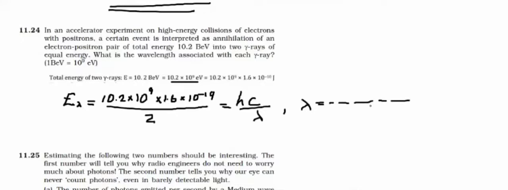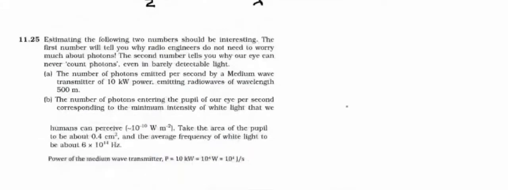Now next question 25. It is about photon number again. Part A. Number of photons emitted per second by a medium wave transmitter of 10 kilowatt power, emitting radio waves of wavelength 500 meter. Again, the number of photons per second, N, is equal to power divided by energy.